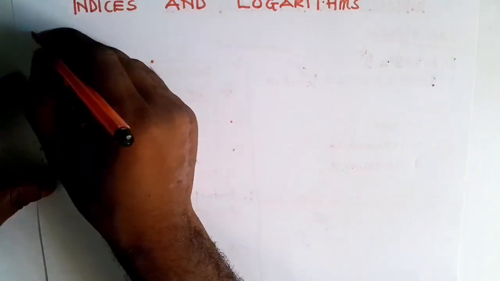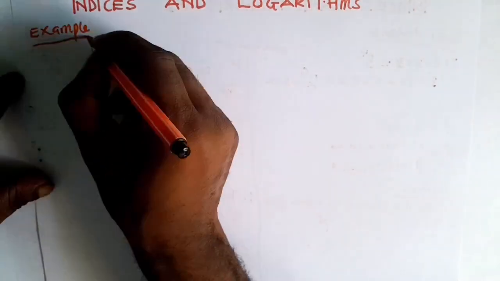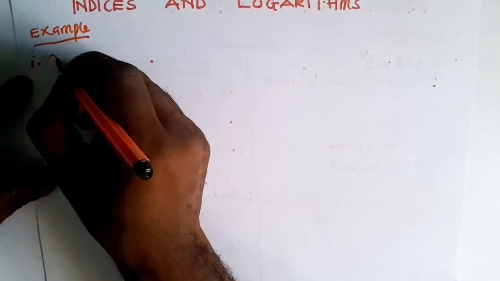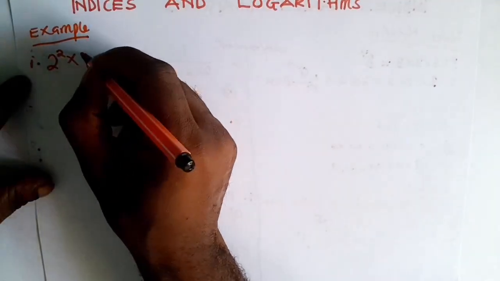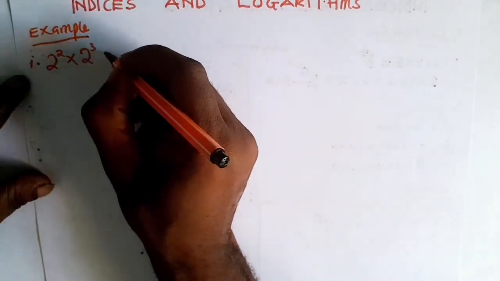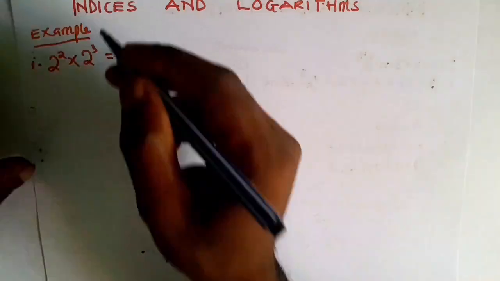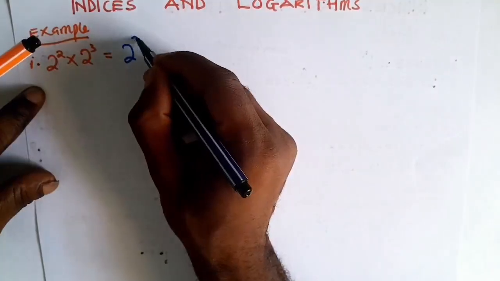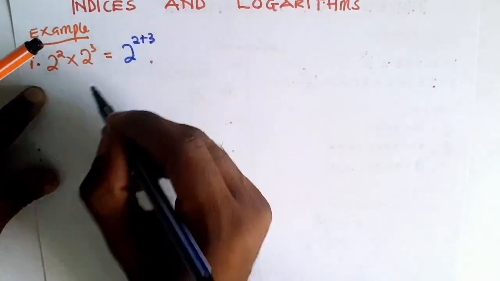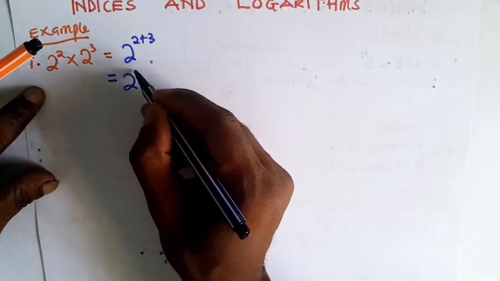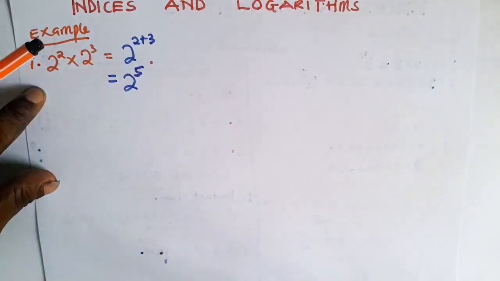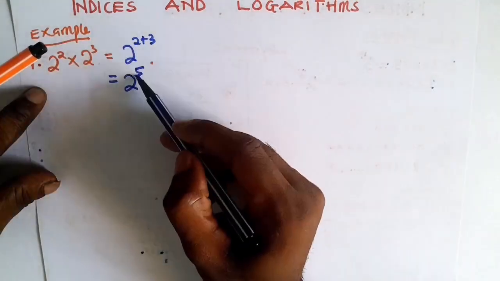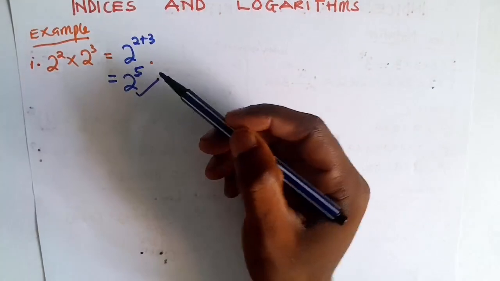Examples. 2 exponent 2 times 2 exponent 3 is equal to, this will give us the base 2, power 2 plus 3, and that will produce 2 power 5. So we just put this together, and this is the answer.